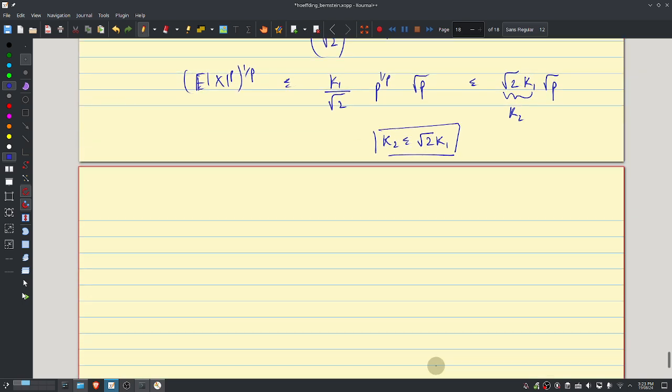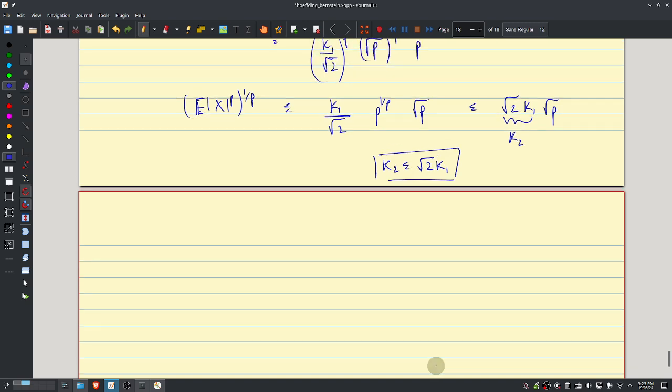That inequality can be defined. Which one? Right. K2 is less than or equal to... okay. So what I want to say is that this quantity is less than or equal to K2 times square root of p for some K2, right?